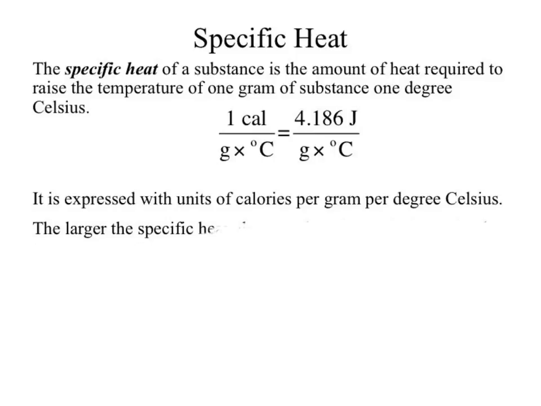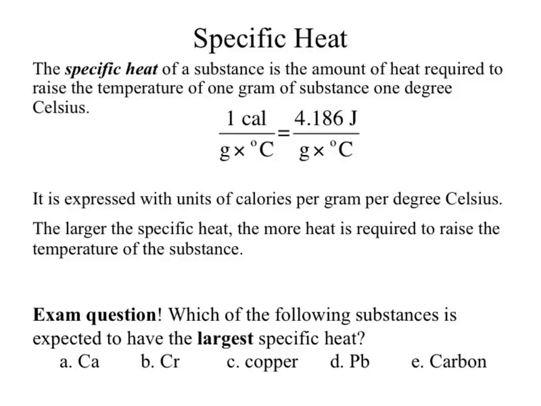So I can completely dodge the bullet of doing any kind of conversion calculations here, because what I can do instead is write a very quick exam question that now tests across multiple subjects: specific heat understanding, metals and nonmetals, and the properties of our metals and nonmetals. How did I make this question even more complicated?